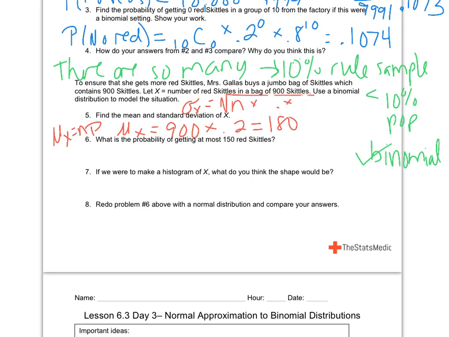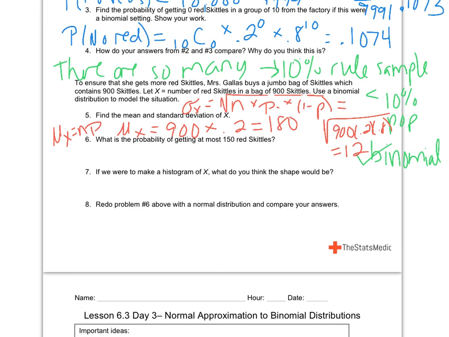So sample size times the probability times 1 minus the probability, right? Our probability of failure. So in this case, that would equal the square root of 900 times 0.2 times 0.8, which gives us 12. So we have a standard deviation here in this bag of Skittles of 12.